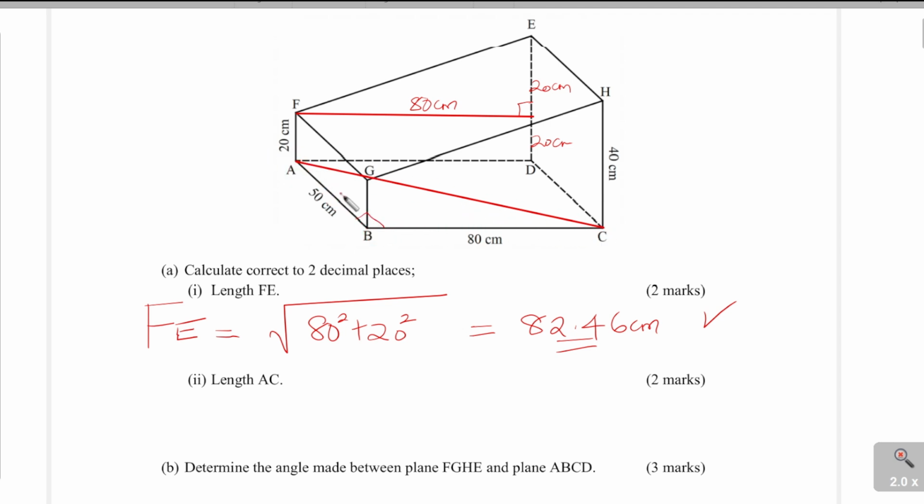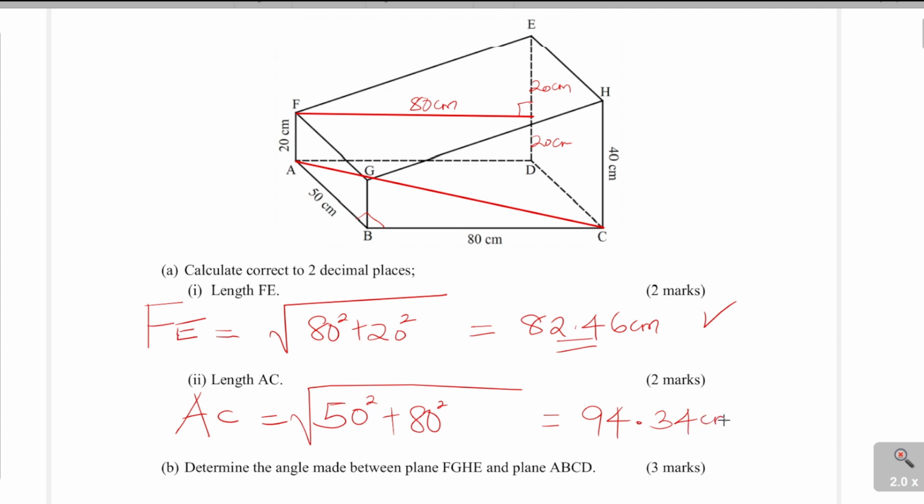AC is the hypotenuse of this triangle. So AC is given by the square root of 50 squared plus 80 squared, which gives, correct to two decimal places, 94.34 centimeters.